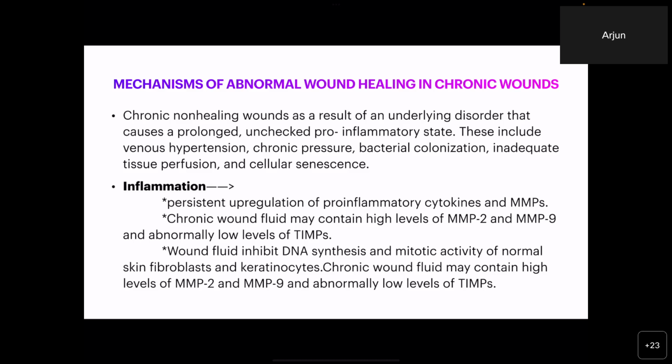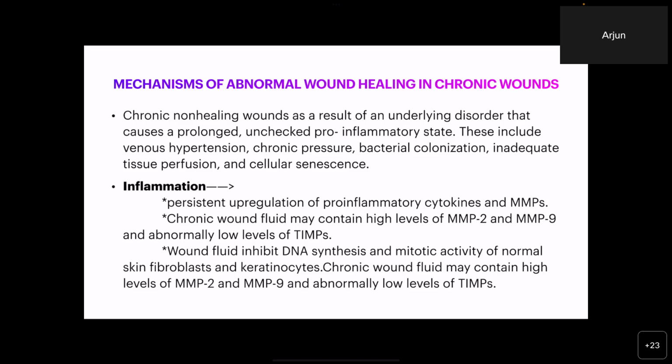The chronic wound fluid may contain high levels of MMP2 and MMP9, and abnormally low levels of TIMPs. The wound fluid inhibits the DNA synthesis and mitotic activity of normal skin fibroblasts and keratinocytes.